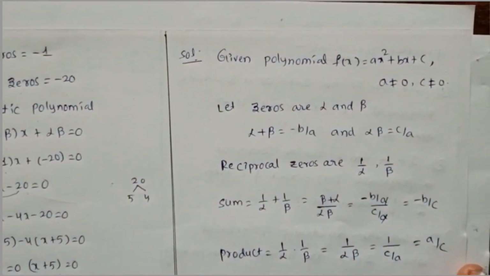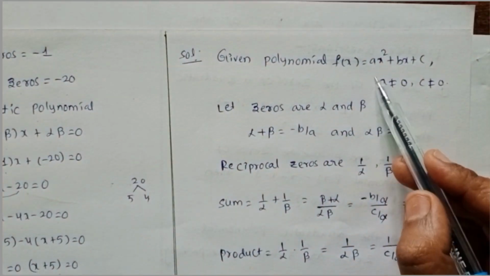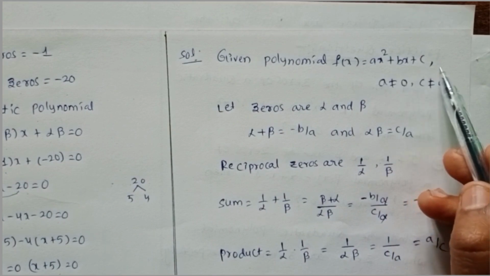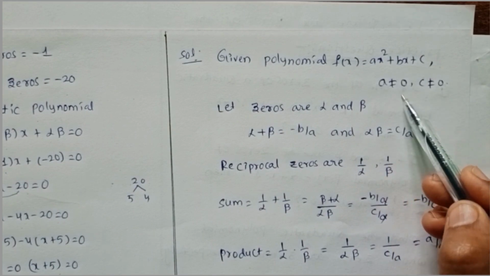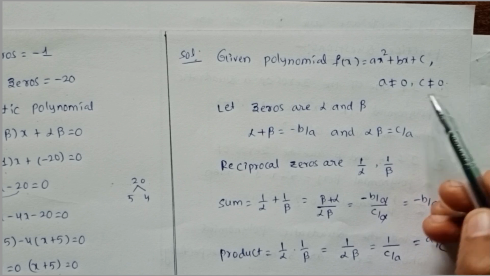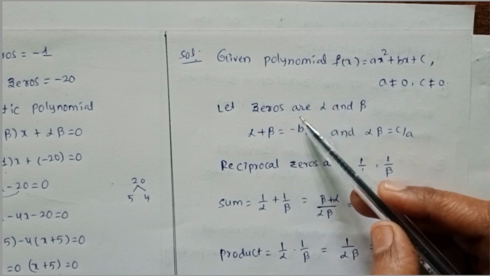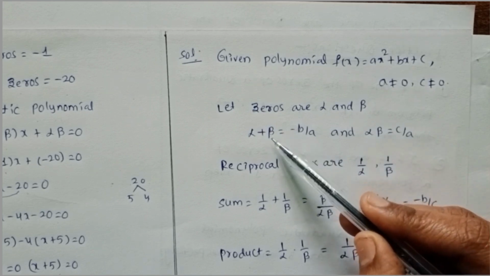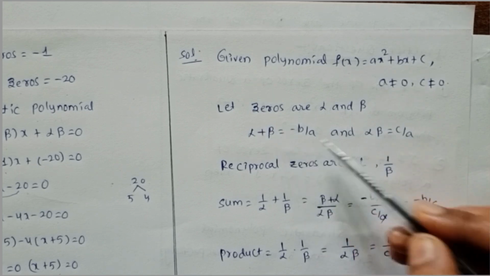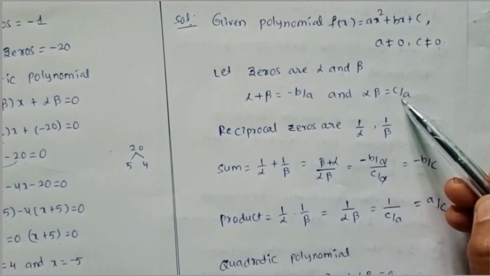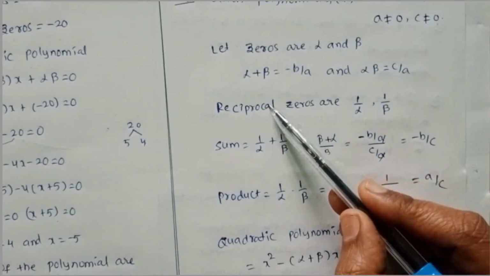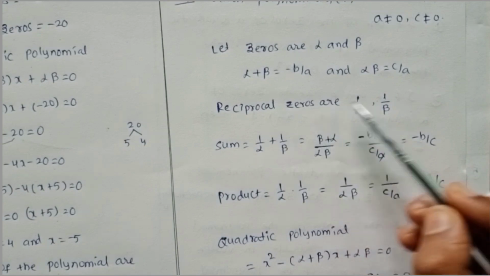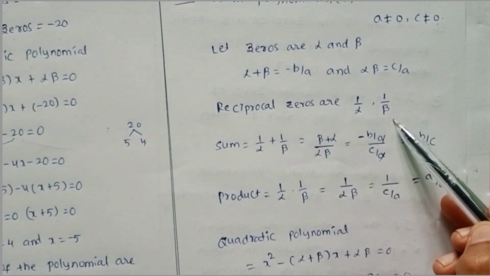Here they given the polynomial f of x is equal to ax square plus bx plus c, with a not equal to 0 and c not equal to 0. We don't know the zeros, so the zeros are alpha and beta. We know from the formula alpha plus beta is equal to minus b by a and alpha beta is equal to c by a. And find the reciprocal zeros. So reciprocal means 1 by alpha, 1 by beta.